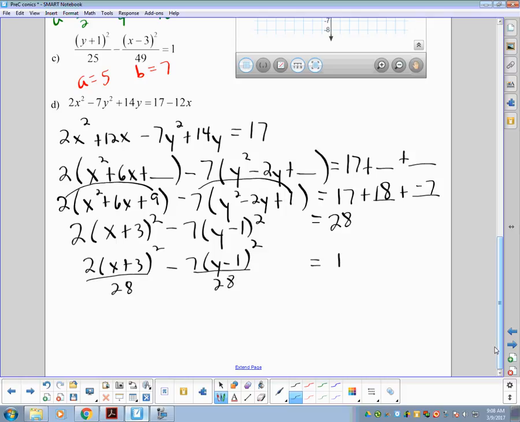Because this time, when I simplify, I end up with just a number on the bottom. So it's x plus 3 squared over 14 minus y minus 1 squared over 4 equals 1.